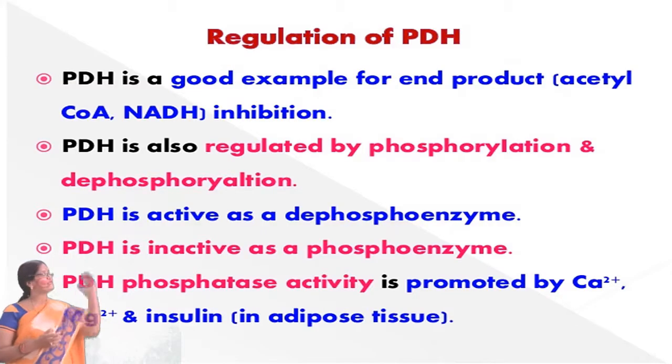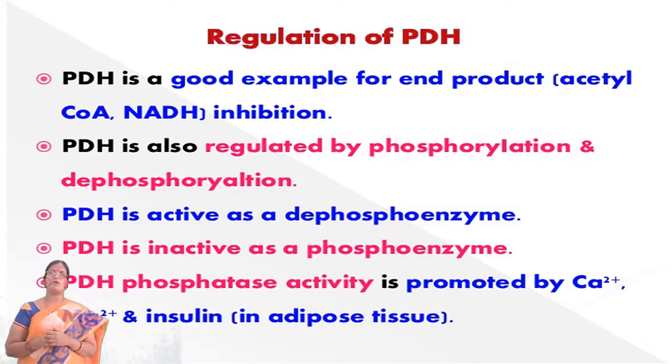Now we will see the regulation of pyruvate dehydrogenase complex. So pyruvate dehydrogenase is a good example for end product inhibition. That is, acetyl CoA and NADH, which are the end products of the reaction, will control the PDH. And next, PDH is also regulated by phosphorylation and dephosphorylation reactions.